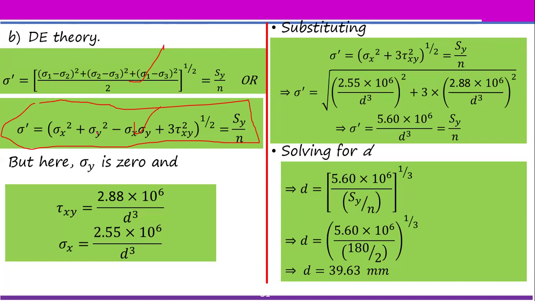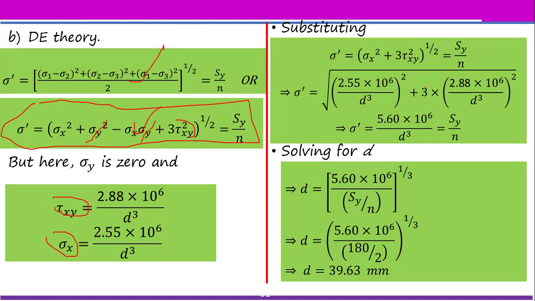Now look here, sigma y is 0 because we don't have a load acting along the y direction. There is no load causing sigma y, so sigma y here automatically will be 0. Sigma x, you already know it to be this one, and tau xy, you already know it to be this one.